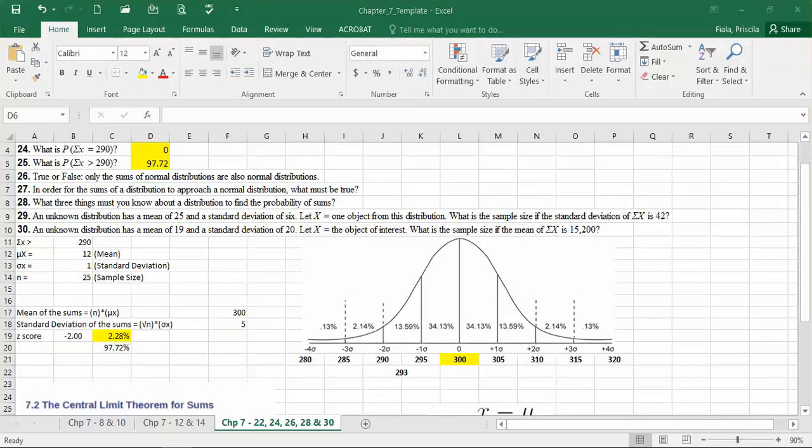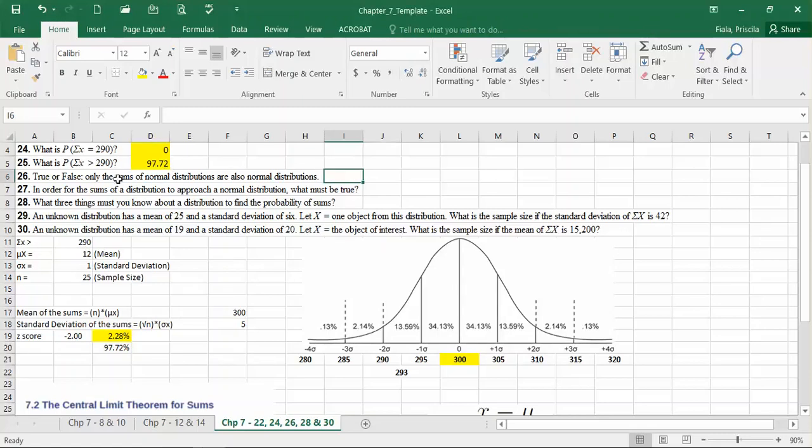So problem 26 is asking, is it true or is it false? Only the sums of normal distributions are also normal distributions. Well, if you remember, we say that the sums of any distribution approach a normal distribution as the sample size increases.